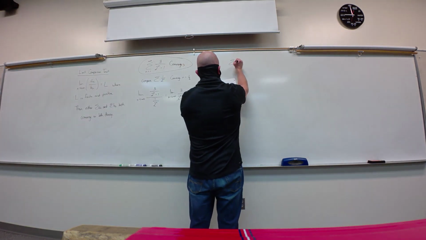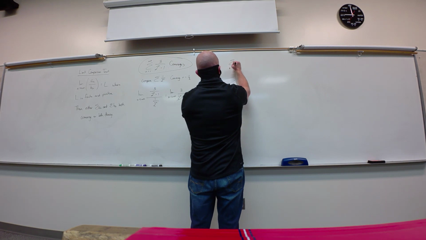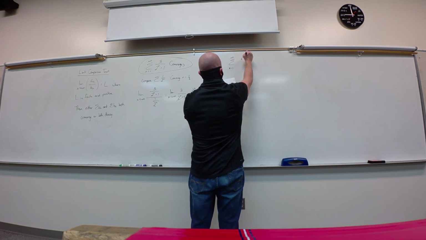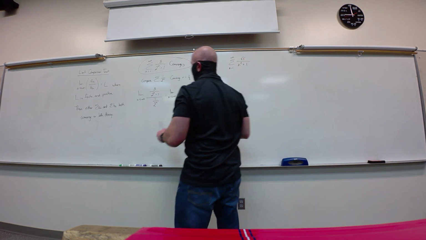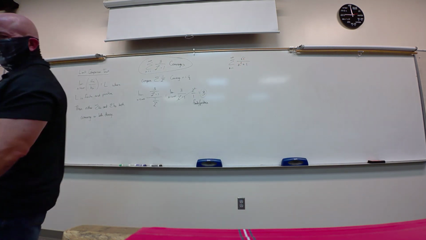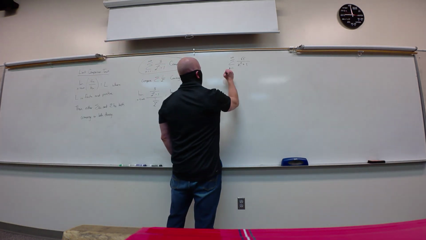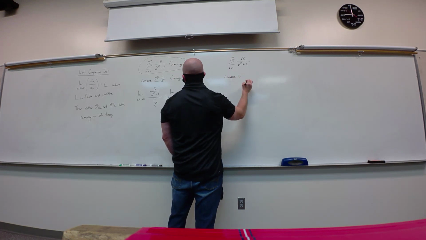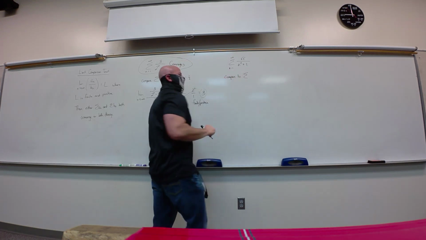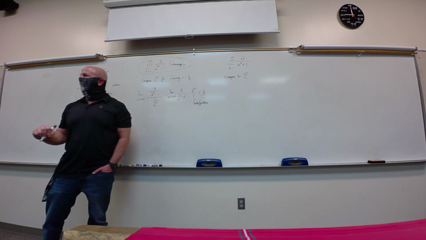Let's look at this one. Let's go, n goes from 1 to infinity, square root n over n squared plus 1. Compare to, what's a good one to compare it to?